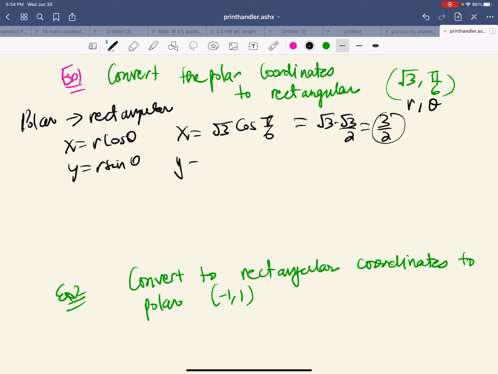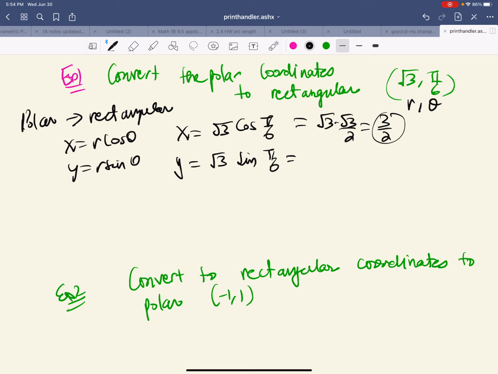The y comes out to be r sine pi over 6. What is sine pi over 6? Sine pi over 6 is not root 3 over 2. Sine pi over 6 is 1/2.